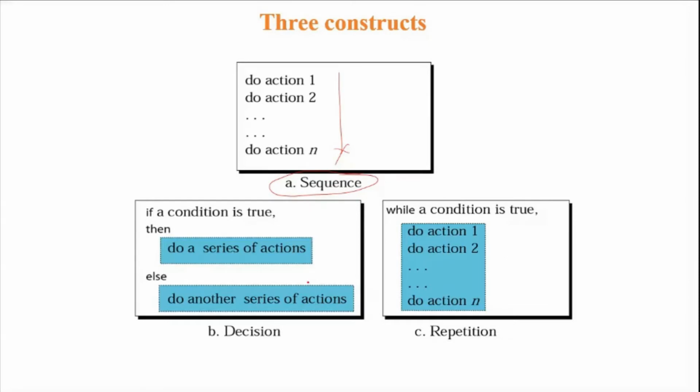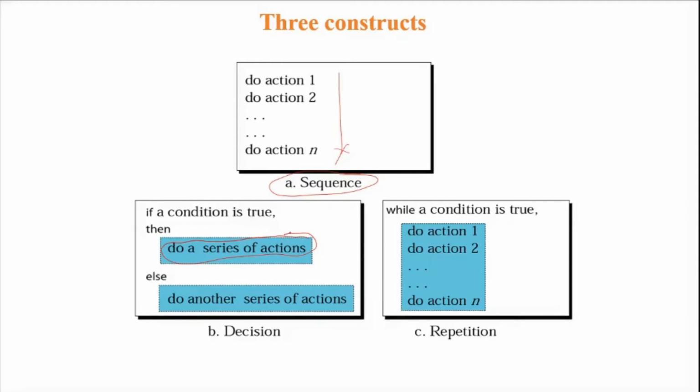Then another one is the decision construct. In a decision construct, we check a specific condition, whether it is true or false. If the condition is true, then a series of actions is done. This series of actions can be either another sequence, another decision, or another repetition.